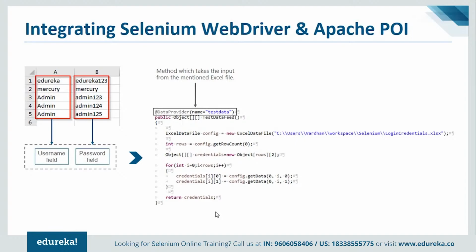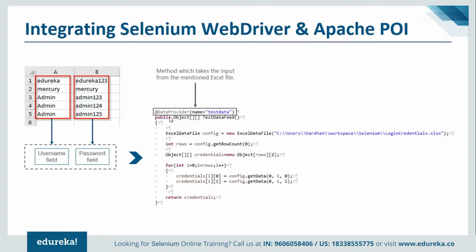So I have another class called Excel data file. In that Excel file I have placed all the libraries and jars that Apache POI requires. And when Apache POI gets all the data in, that can be used and called in the main function.